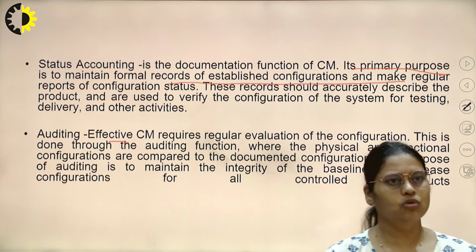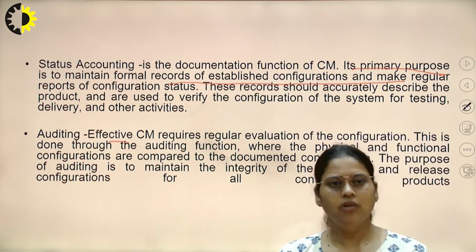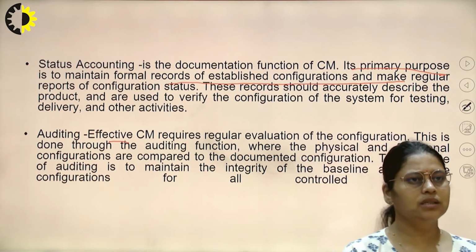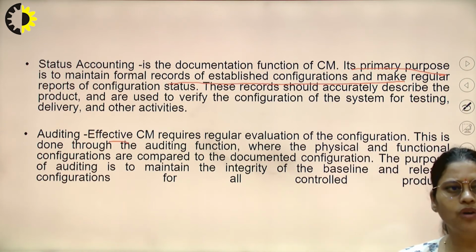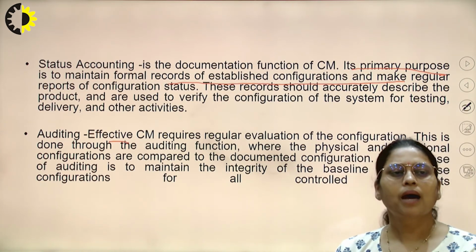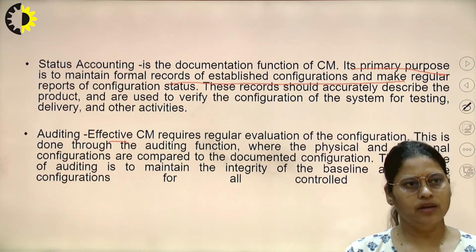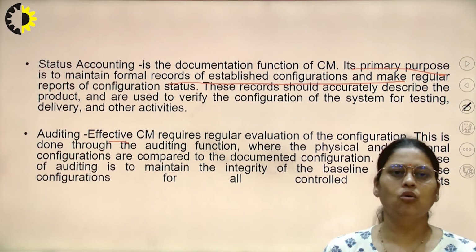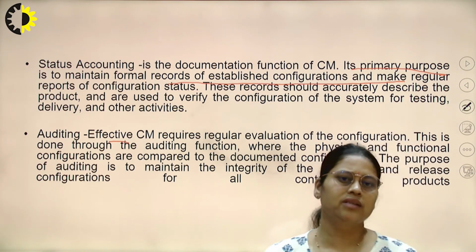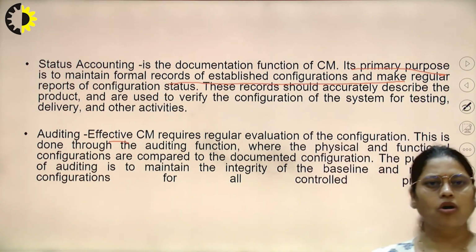This is done through the auditing. The continuous monitoring process is done during the auditing process, where the physical and functional configuration are compared to the document configuration. In this phase, we compare the old or existing document with some new or upgraded document.